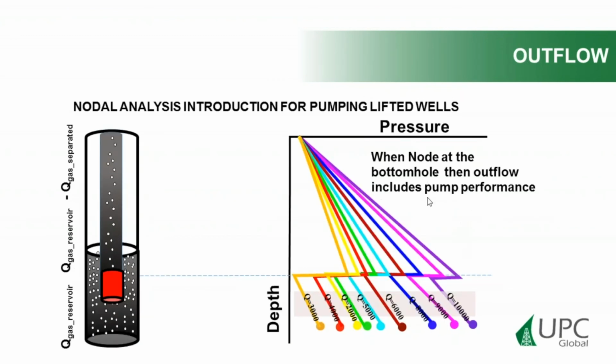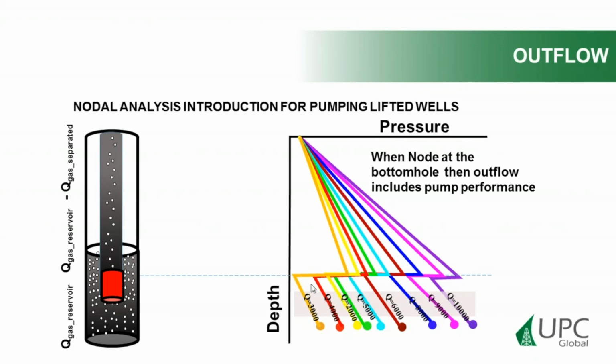When I have pumping methods, the difference is that the pump creates a jump in the profile. Again, if the node is at the bottom hole, the outflow curve is going to include the pump performance in the result. So the pump just increases pressure.